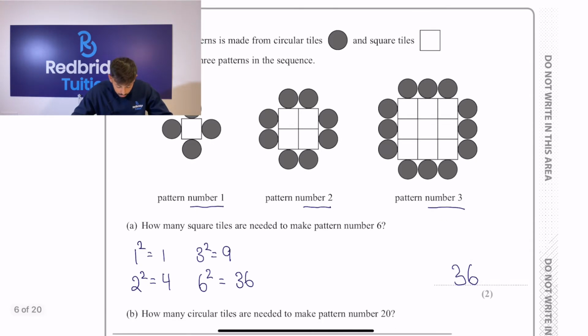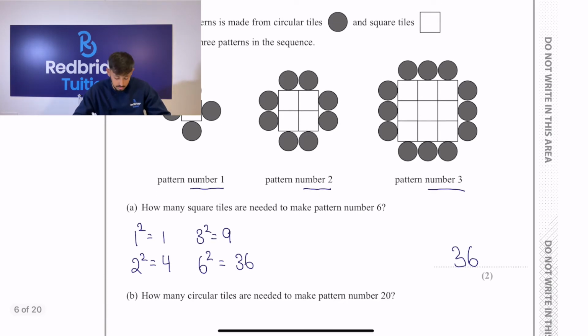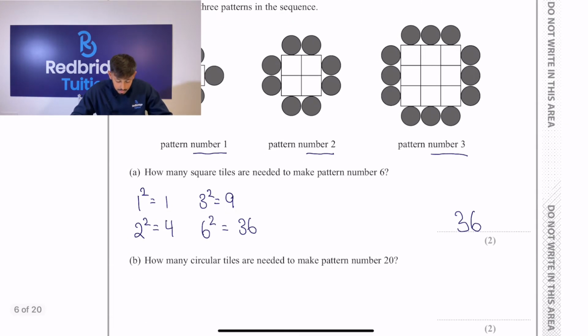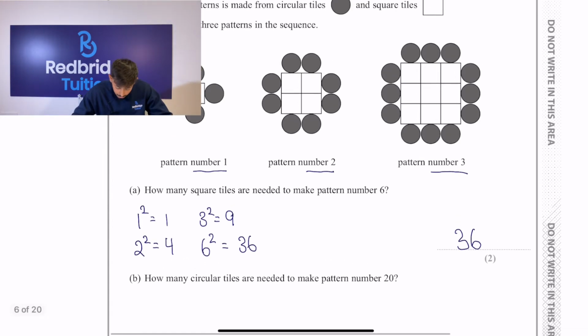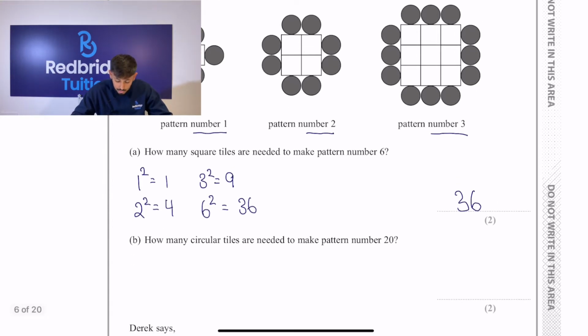I noticed that the number of square tiles on the top row is equal to the pattern number. For example, if you look at pattern number 3, I'm going to shade it here, this is the total number of square tiles on the top row.